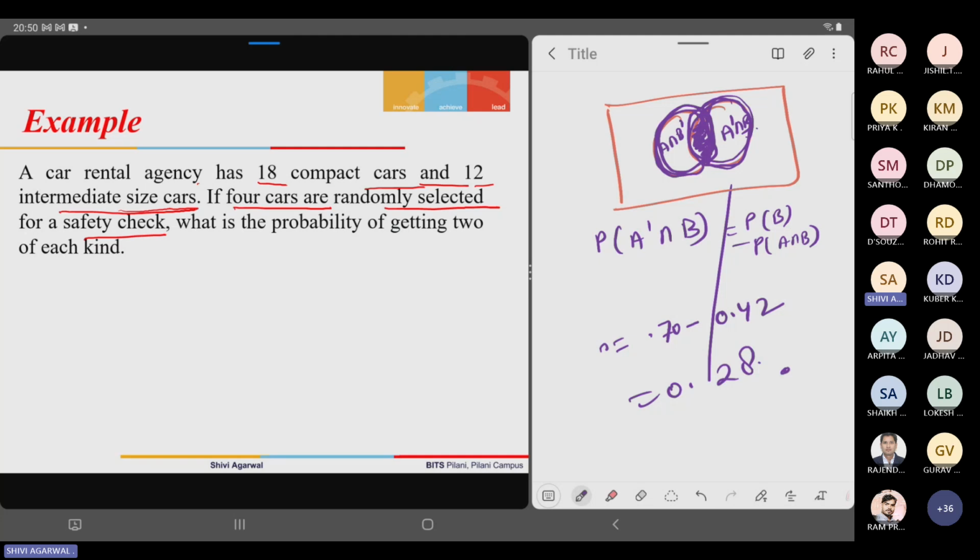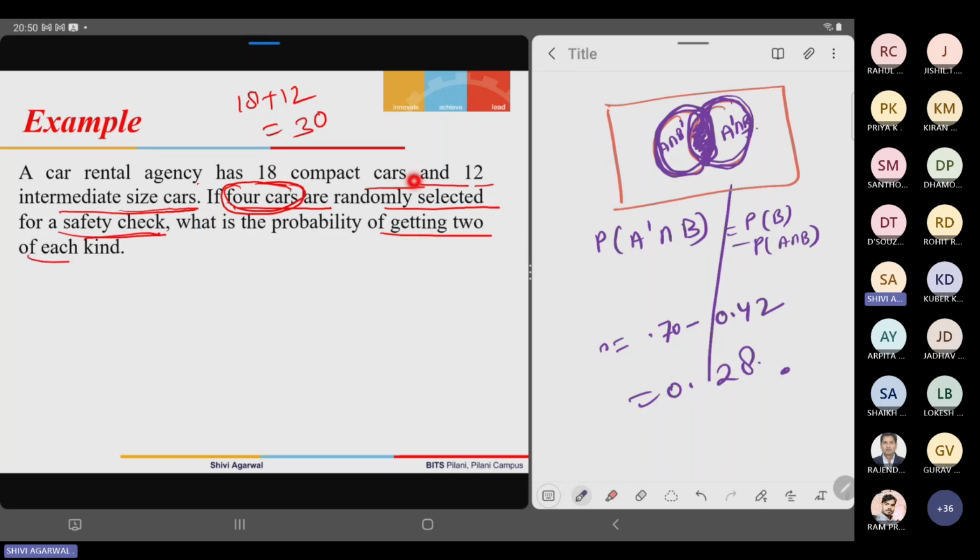Only selecting 4 cars. The total number of cars is 18 plus 12, so out of 30 they are choosing 4 cars for a safety check.